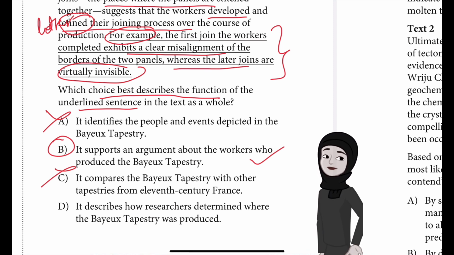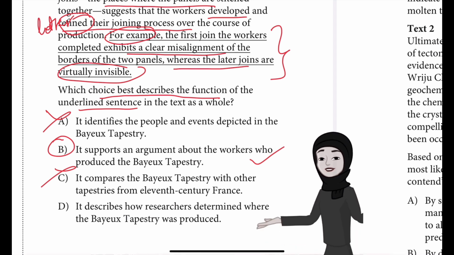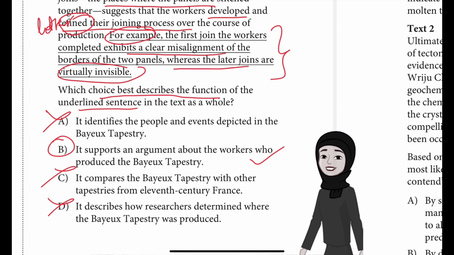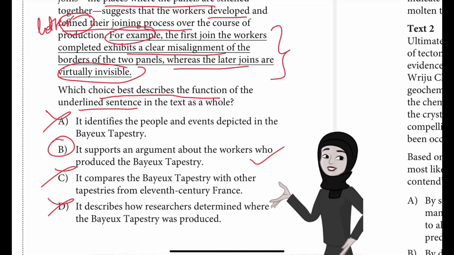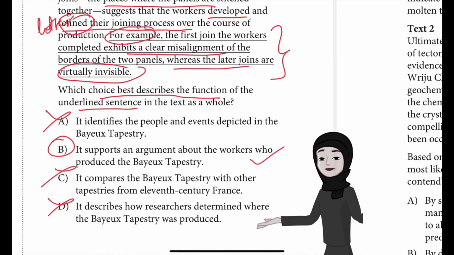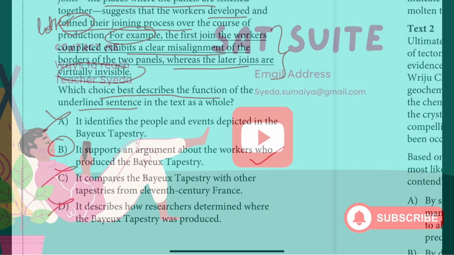It doesn't make any comparison between the Bayeux Tapestry and other tapestries from the same time in France. Choice D is incorrect because the last sentence doesn't address the location where the Bayeux Tapestry was created. The first sentence of the text presents it as a given that the tapestry was created in France, but nothing in the text indicates how that origin was determined.